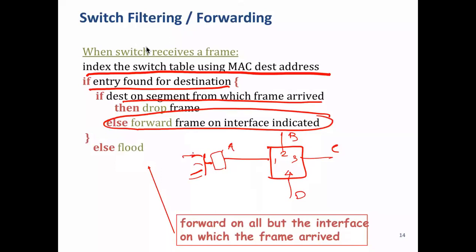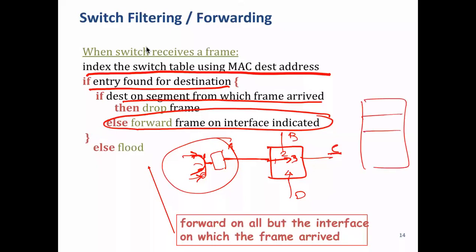If this guy is sending it to the one here, then the packet is to be internally routed, but if somehow it comes here, then the switch will simply drop the frame, because it is for internal consumption. If it is not, and if the entry is there, then it will forward to that particular port. If this table contains an entry for C at port 3, it just forwards.